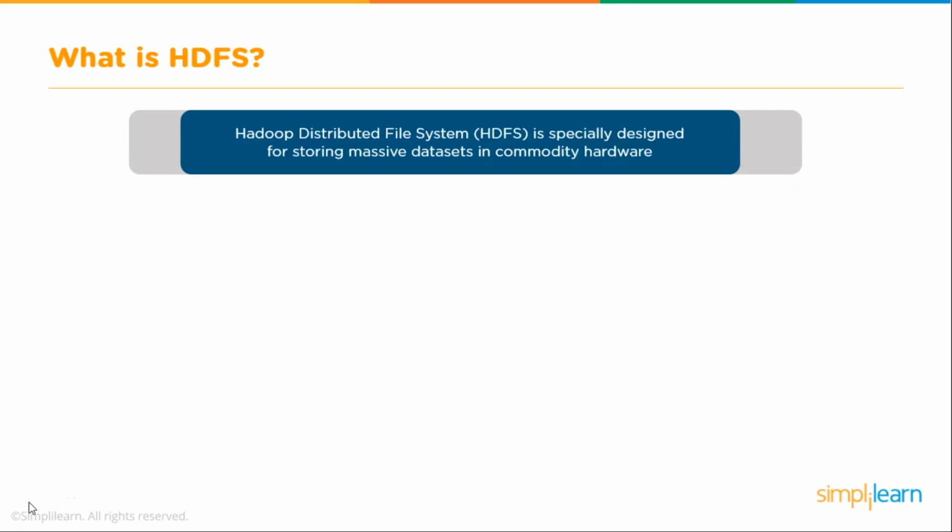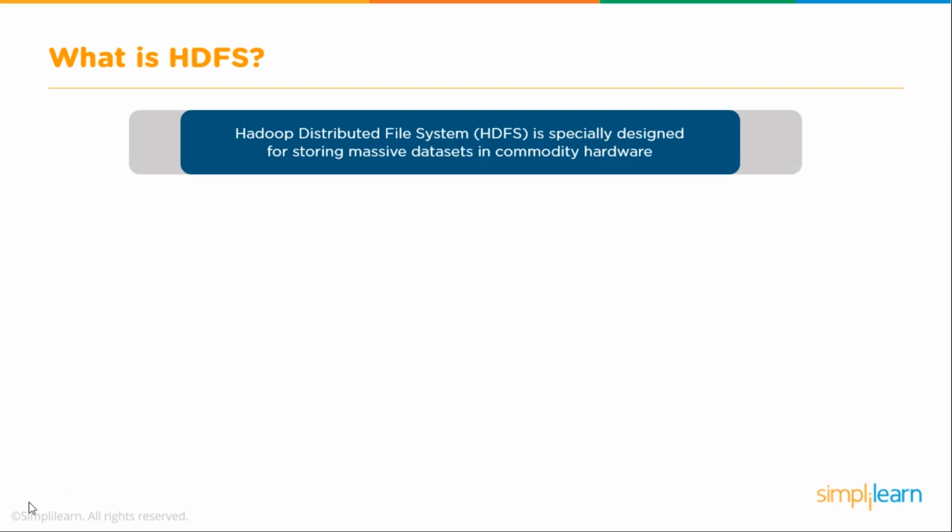HDFS is actually designed for storing massive data sets on commodity hardware. When we say commodity hardware or commodity machines, we mean something which is not as big or as powerful as carrier class hardware, but not as small or less powerful as your simple desktop or laptop.